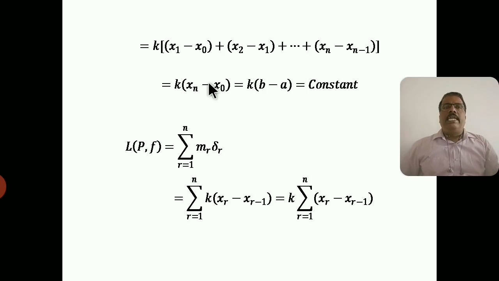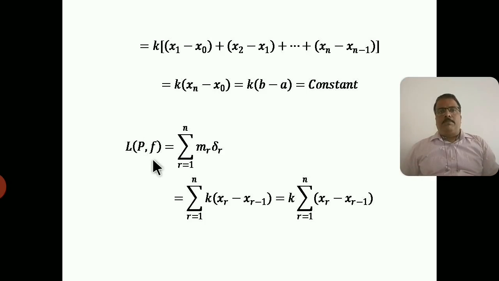So k times (xn minus x0), where xn means b and x0 is nothing but a, equals k times (b minus a). As b is constant, a is constant, k is also constant, this whole term becomes a constant. So we get the upper sum is a constant.